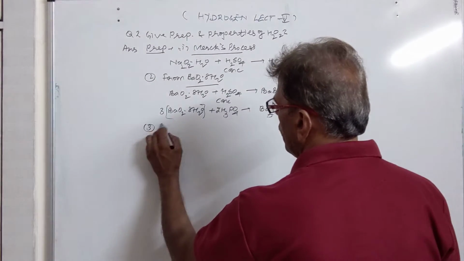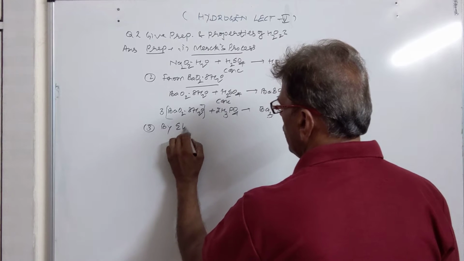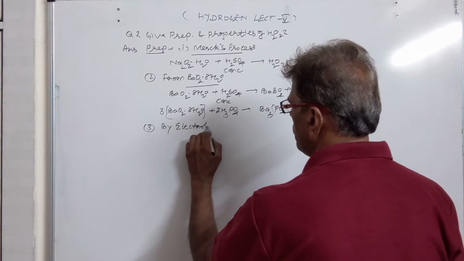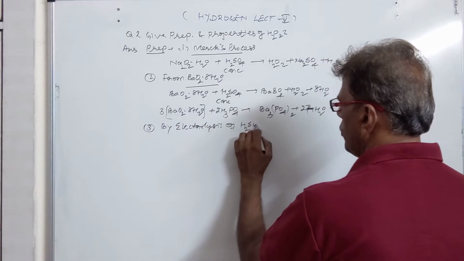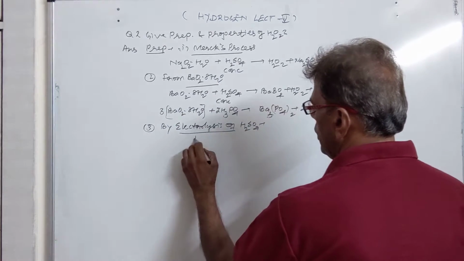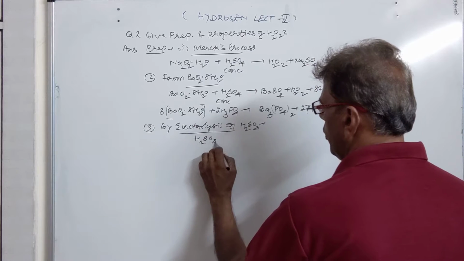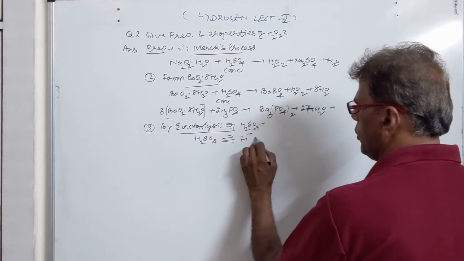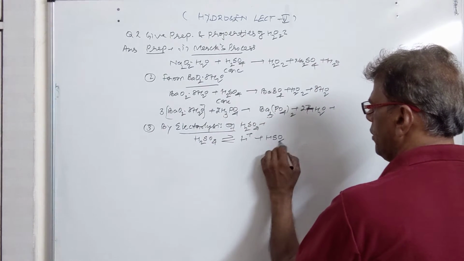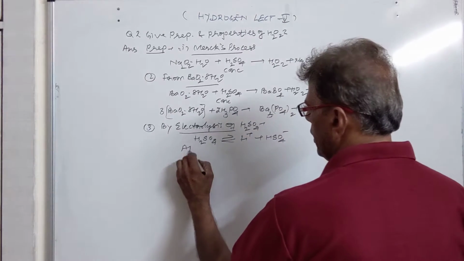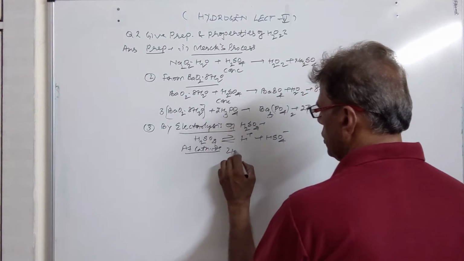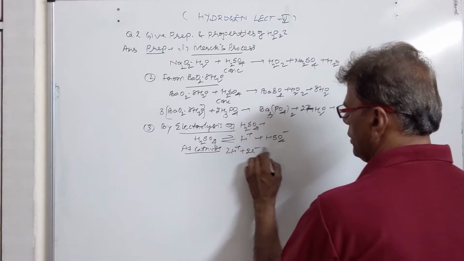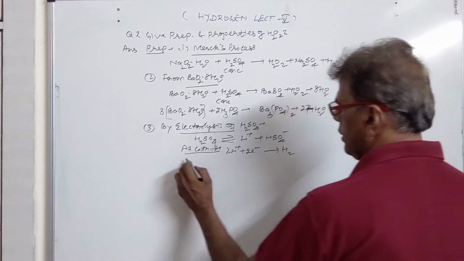Third is by electrolysis of H2SO4. H2SO4 first of all ionizes to give you H positive and HSO4 negative ion. Reaction at the cathode: 2H positive take up electrons and change into H2 gas.